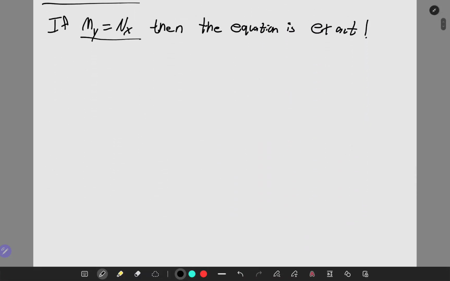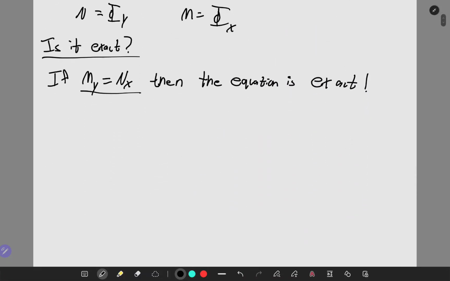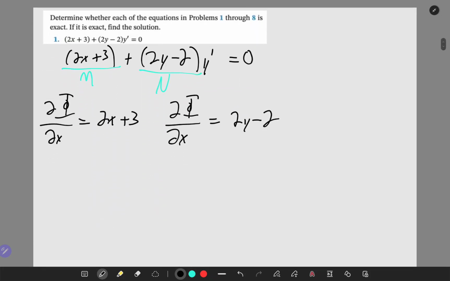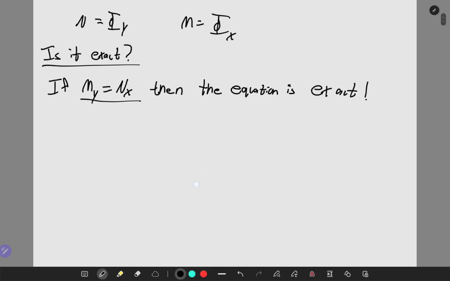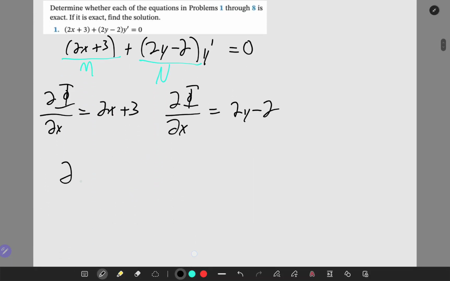So now we can test if it's exact. Remember, for exact, the partial of M with respect to y has to equal the partial of N with respect to x. So let's do the partial of M with respect to y. This is the same thing as writing M sub y, right?